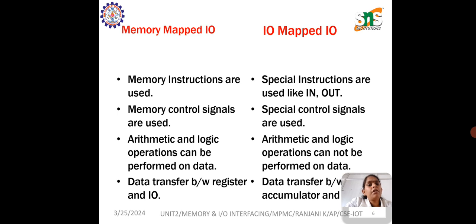In memory mapped I/O, all arithmetic and logical operations can be performed on data, whereas in I/O mapped I/O, all arithmetic and logical operations cannot be performed on data. In memory mapped I/O, data transfer is between register and input output, whereas here, the data transfer is between the accumulator and input output.